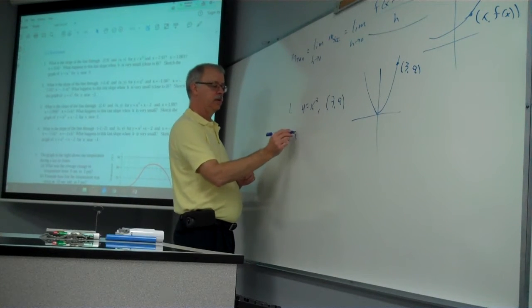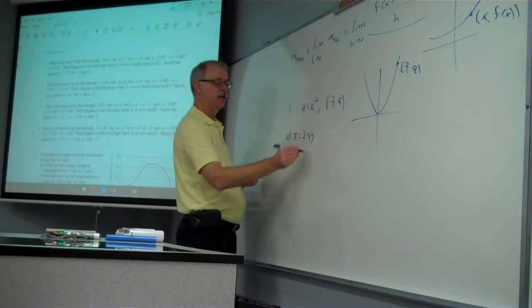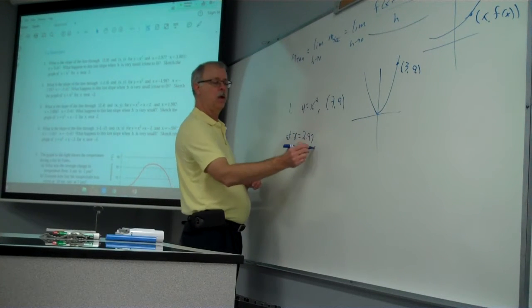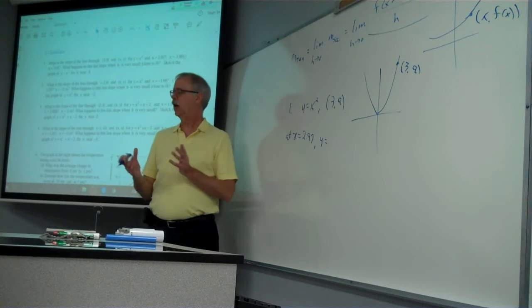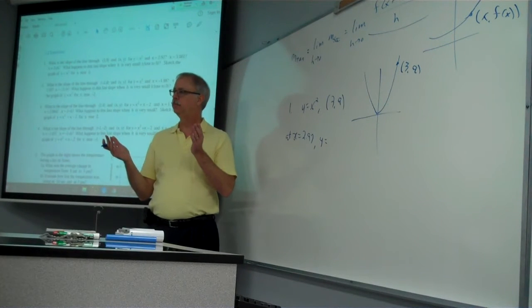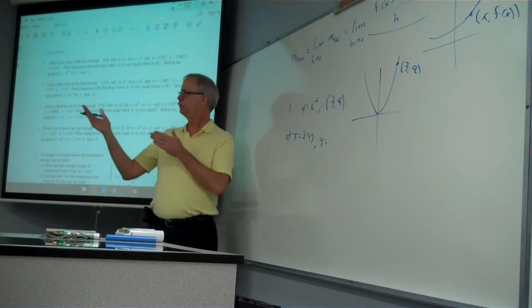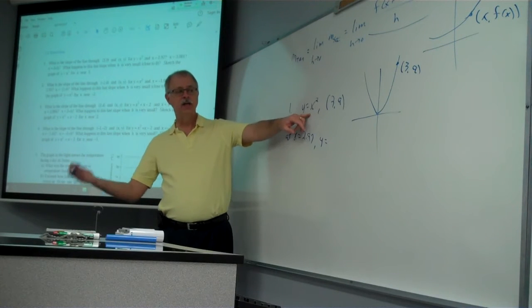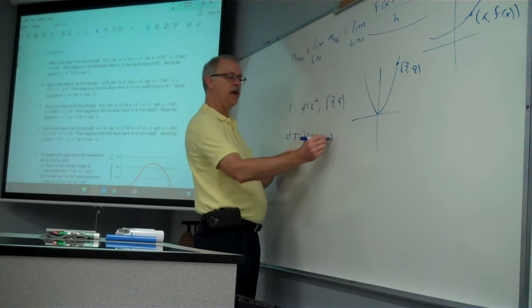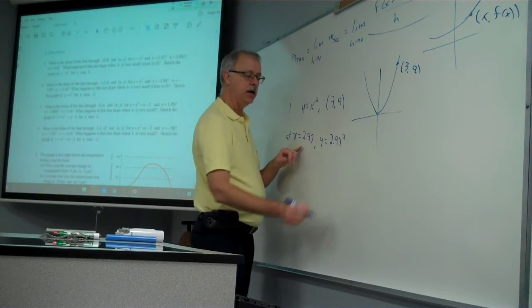So at x equals 2.97, what's y going to be if x is 2.97? Or how are we going to figure out y? Yeah, we're on this function where y is x squared, so whatever x is, y is that value squared.